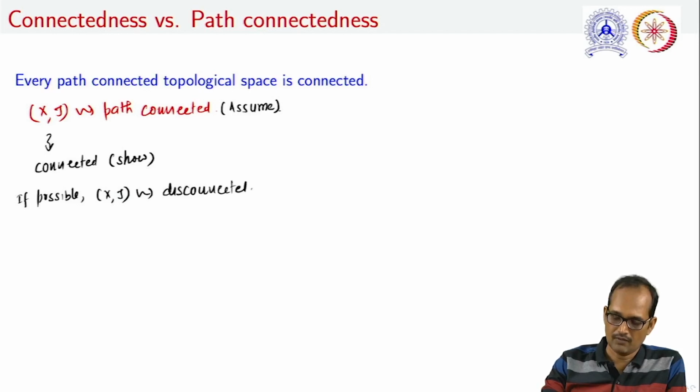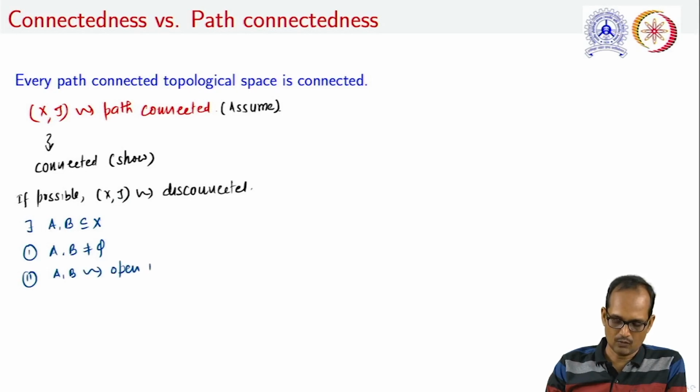And if it is disconnected, what will happen? There exist some subsets A and B of X such that both are non-empty. These A and B are open in this topological space (X, tau).